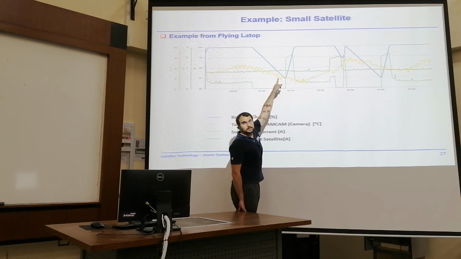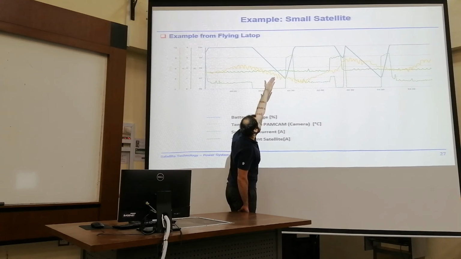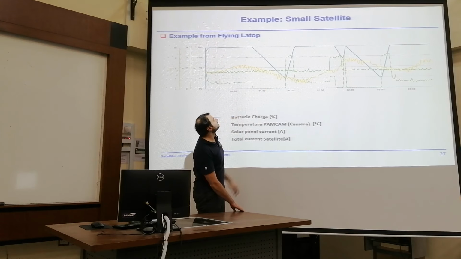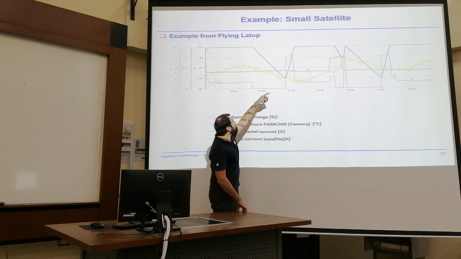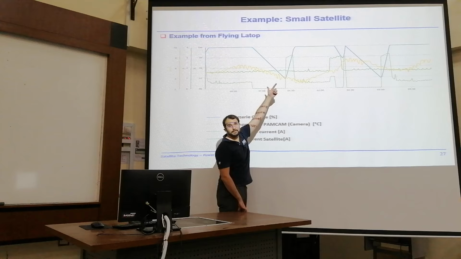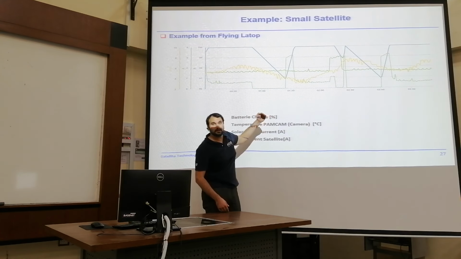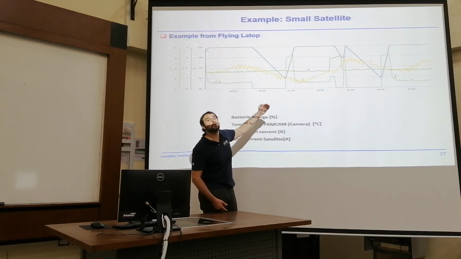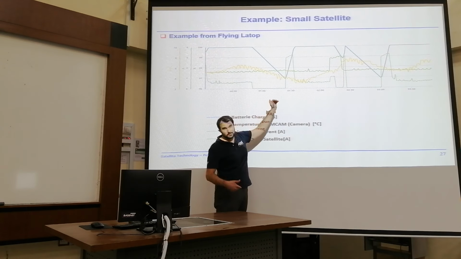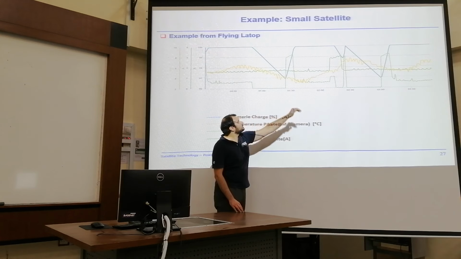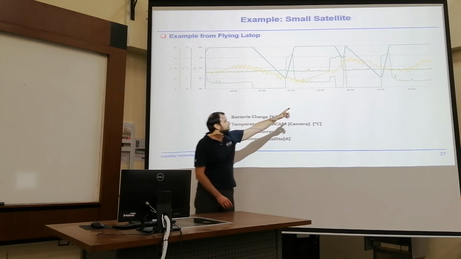We have another solar panel current, and we start charging our batteries again, until it is completely charged. Then our maximum power point tracking, for instance, sets in and reduces the amount of power drawn from our solar panels so that we don't overcharge our battery, and it continues like that.